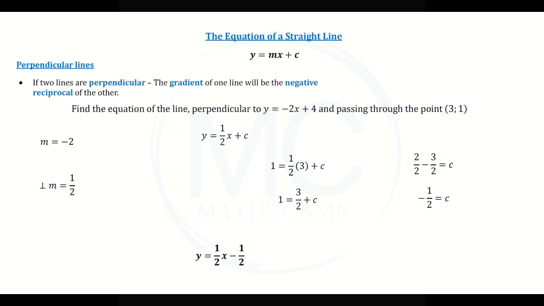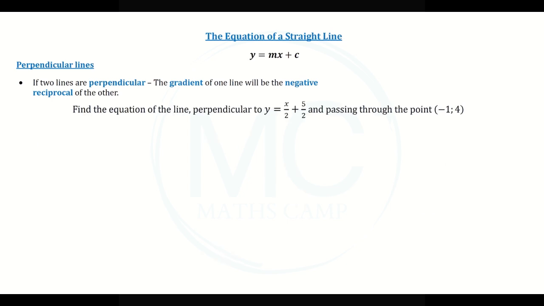Let's do one final example. Find the equation of the line perpendicular to y is equal to x over 2 plus 5 over 2 and passing through the point negative 1, 4. Now we know that x over 2 is actually 1 over 2x.